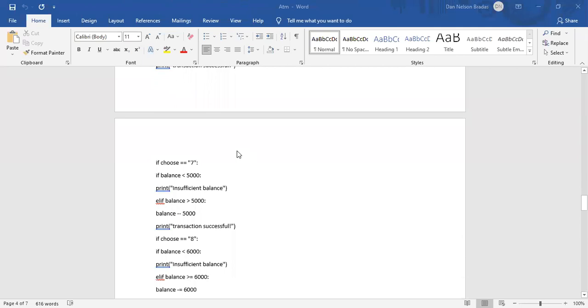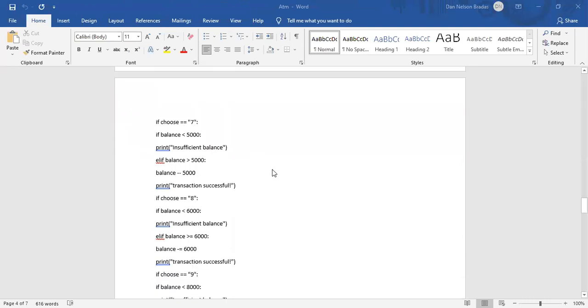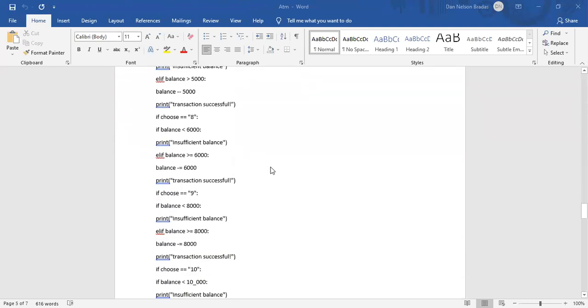If the chosen is assigned to 7, if balance is less than 5000, print insufficient balance. Else, balance is greater than or equal to 5000, balance decreased by 5000, print transaction successful. If the chosen is assigned to 8, if balance is less than 6000, print insufficient balance. Else, balance is greater than or equal to 6000, then balance decreased by 6000. Print transaction successful.